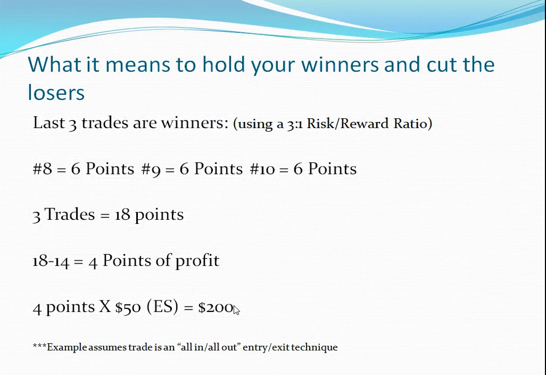That equals $200 of gross profit. Well, that's how you can make money having only 30% of your trades winners. That's risk reward, understanding that you're risking less and winning more. In other words, holding your winners and cutting your losers short.